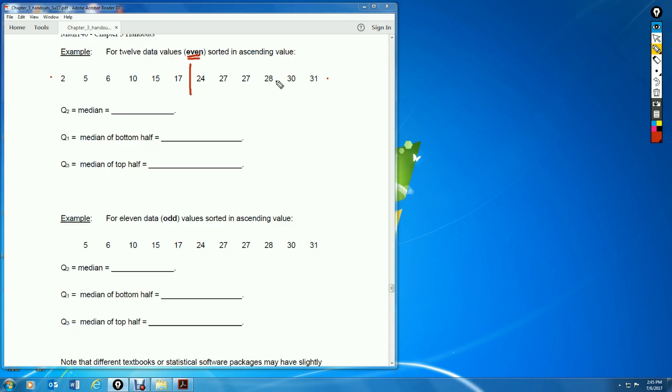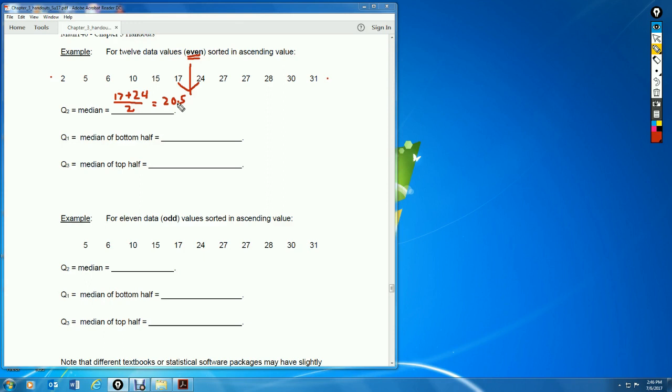Q2 is always easy to find because it's the median, which in this case is going to be the mean of these two numbers. In other words, I need to take 17 plus 24 divided by 2, which is equal to 20.5. So the second quartile equals 20.5.